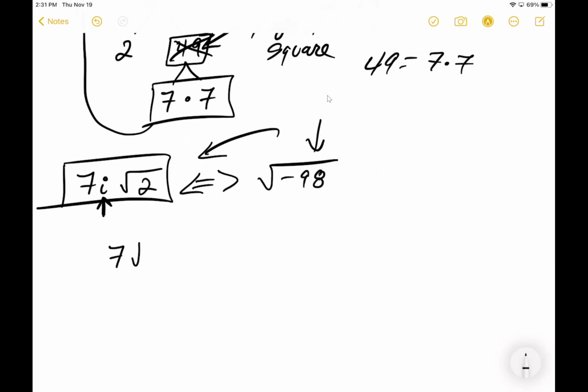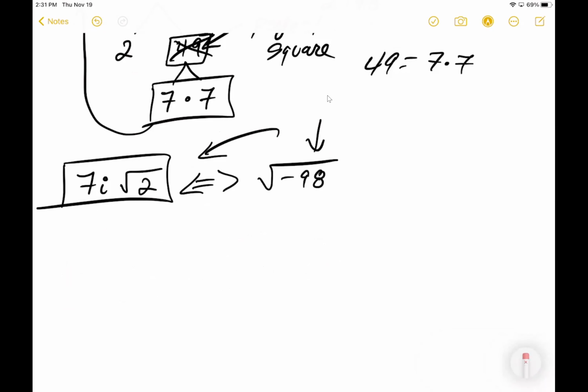You don't write it like this, ladies and gentlemen. The reason is that sometimes you might see the i underneath the radical. So that's why they don't advise you to write the i in the back. If you have a radical, they want you to write the i in front.